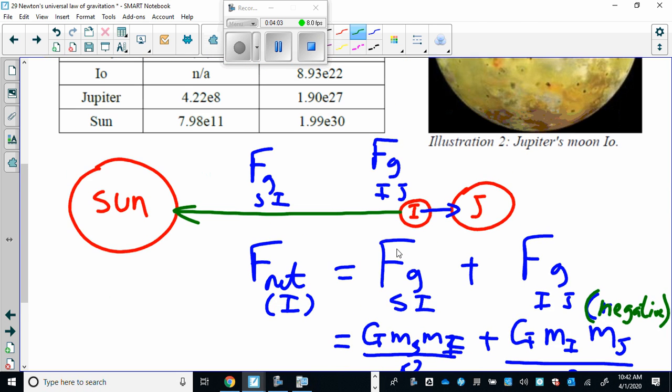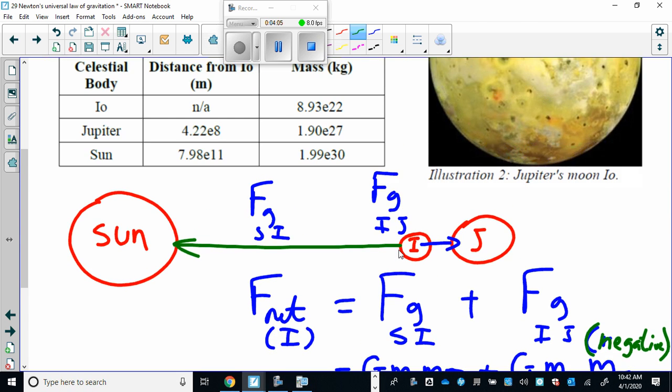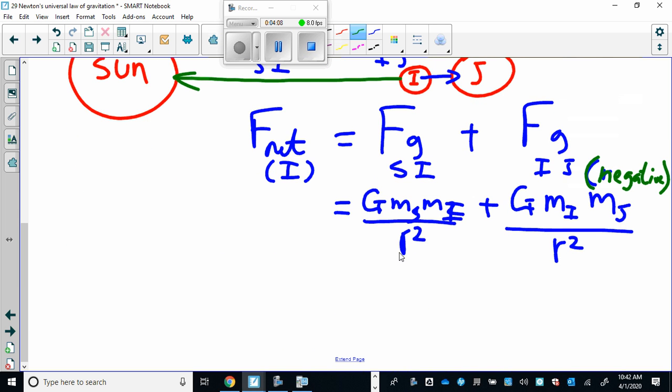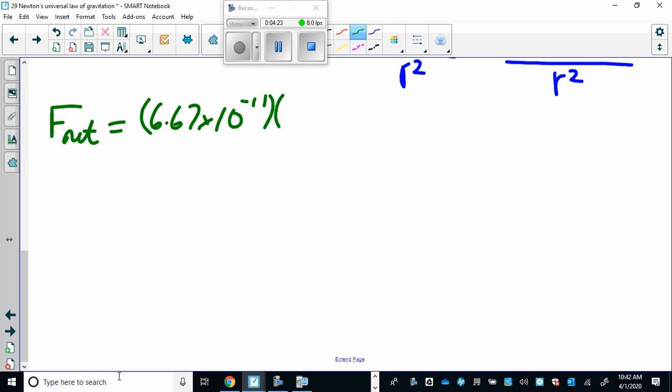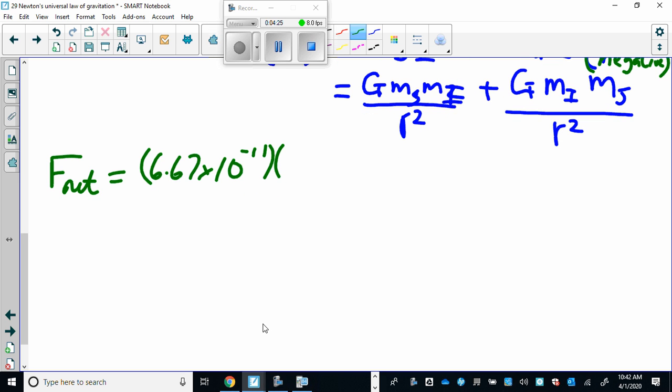Okay, so actually, we can plug in the numbers. So let's plug in the numbers. This is going to take a lot of room. So it's going to be 6.67 times 10 to the minus 11 times, okay, what did I say first? First we said, let's move it down here so we can see it. The mass of the Sun, 1.99 E30, let's just abbreviate here so we don't run out of room.